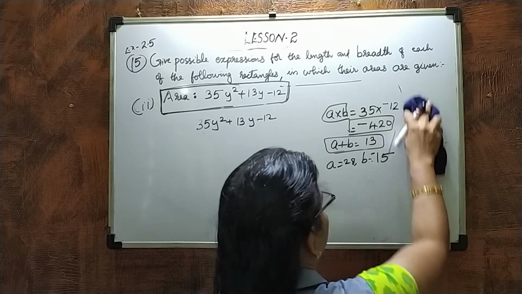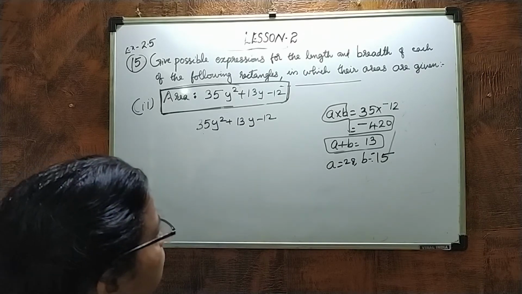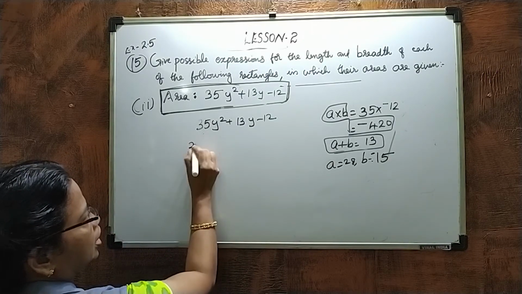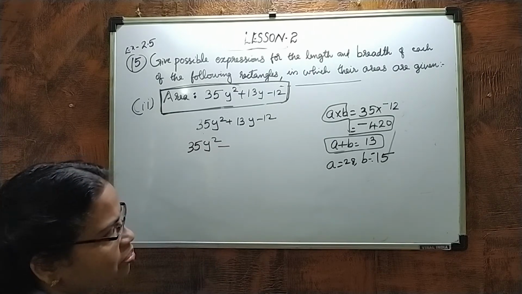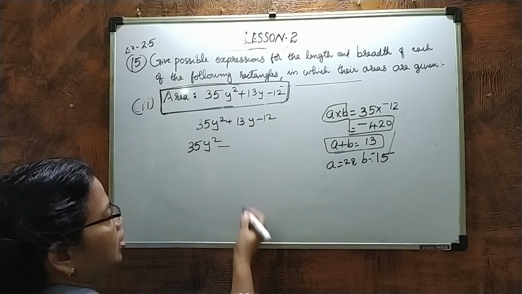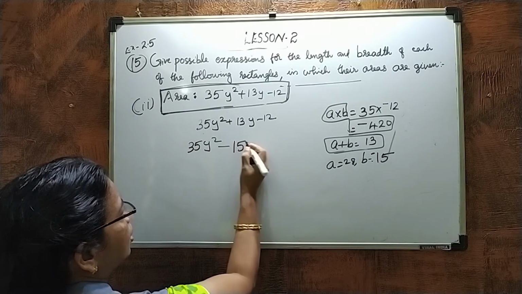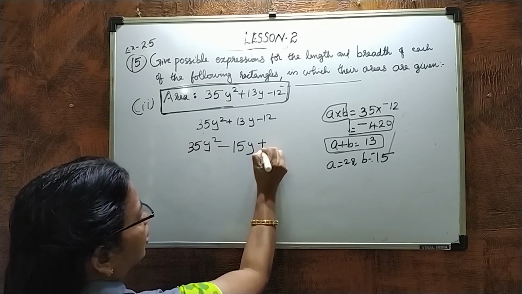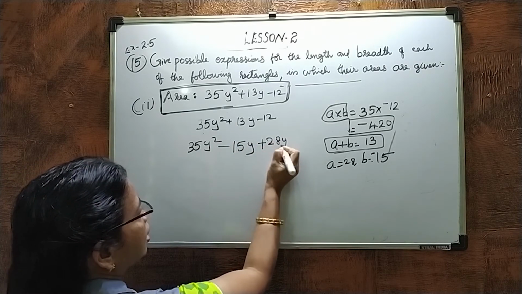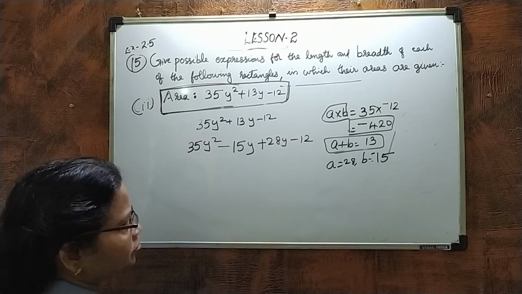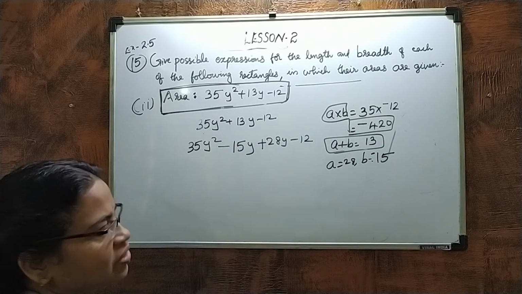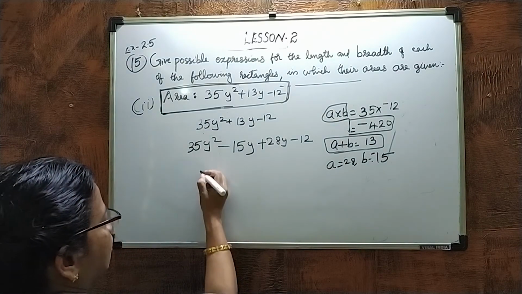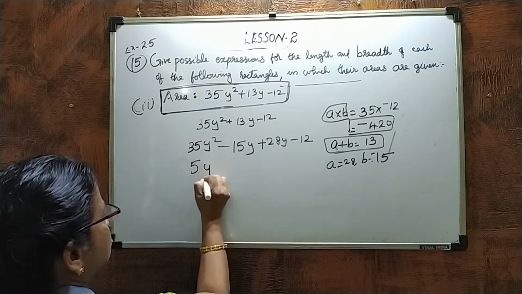Now you can substitute here: 35y square. With the 35 it is better, you can take 15. So minus 15y, or negative 15y, plus 28y minus 12. Now 35 and 15, which one is common? 5 is common and y is also common.